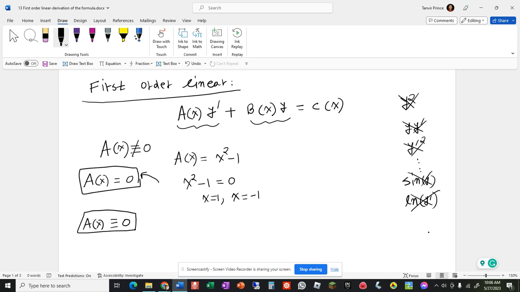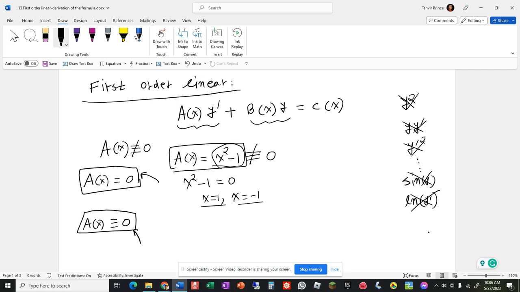So it is possible that a of x is 0 for some particular value of x, no problem. But this function x squared minus 1 is not identically equal to 0. It's not the zero function, it's not always 0.